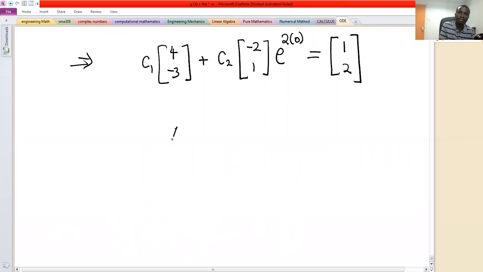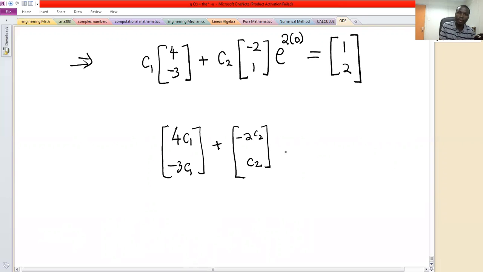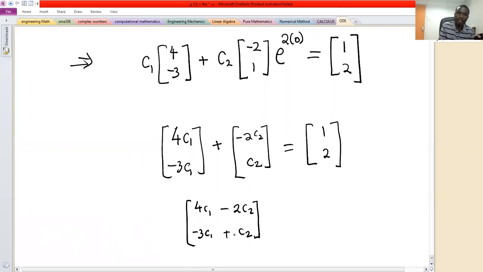So we just have 4c1 minus 3c1, and then plus minus 2c2, and then c2 should give us 1, 2. Now this would be 4c1 minus 2c2, minus 3c1 plus c2. This would give us 1, 2.